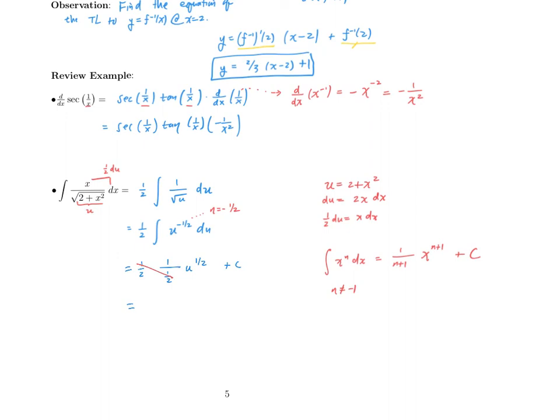The original question was phrased in terms of the variable x, so our solution should be given in terms of that variable x. So we make each u a 2 plus x squared. So we're left with 2 plus x squared to the 1/2 plus c, which is perfectly fine, but you could also write that as the square root of 2 plus x squared plus c.